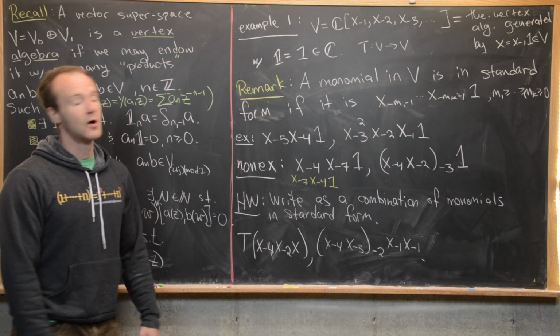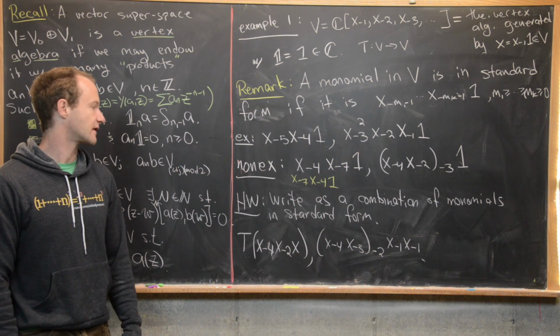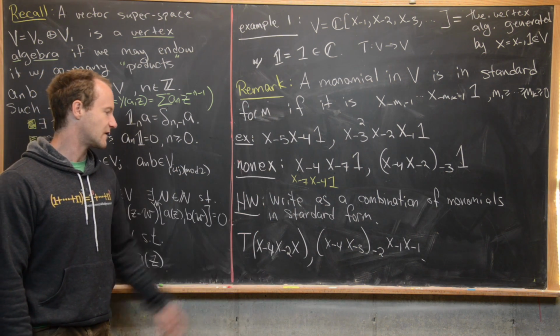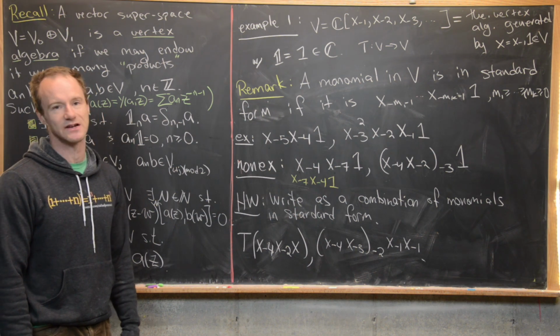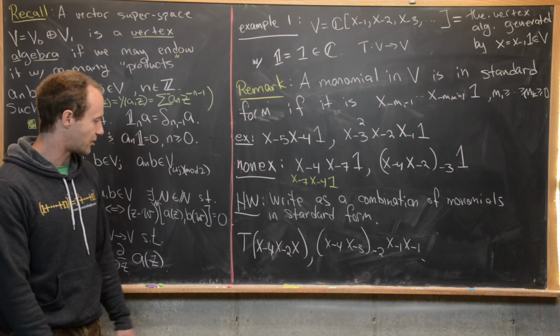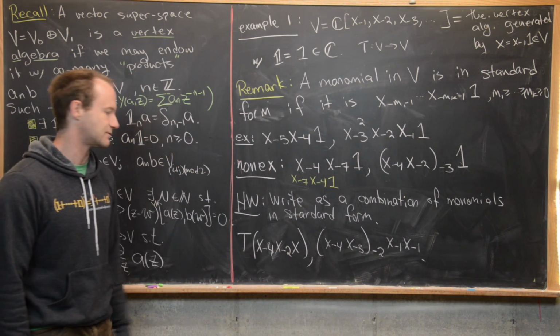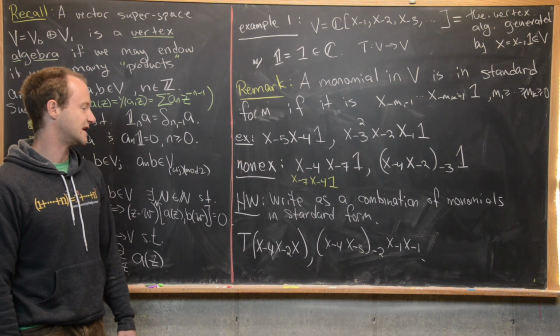So here are some homeworks for you guys to try to get your hands dirty with these kind of calculations. So let's write the following two things as a combination of monomials in standard form. So the first one is the translation operator applied to x sub minus 4, x sub minus 2, x. So that'll follow like the first example that we did.